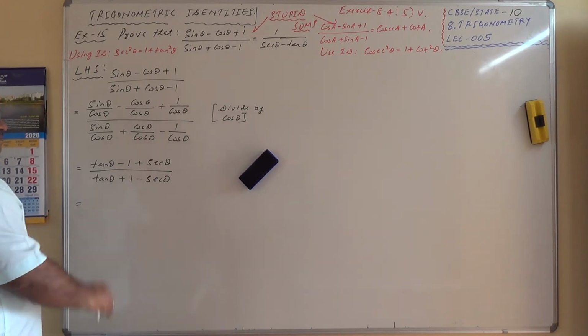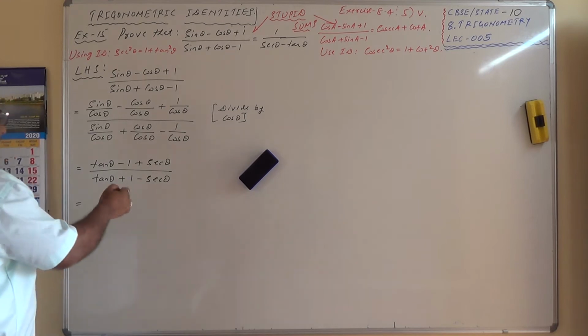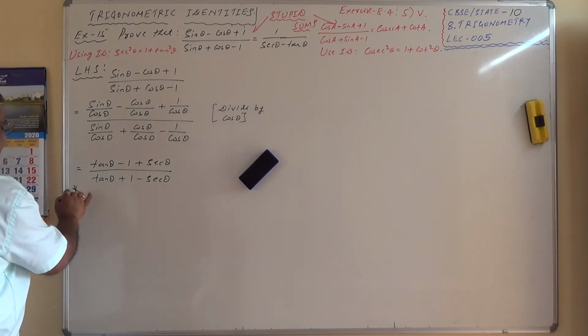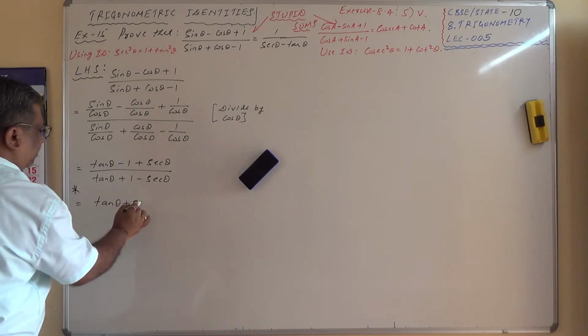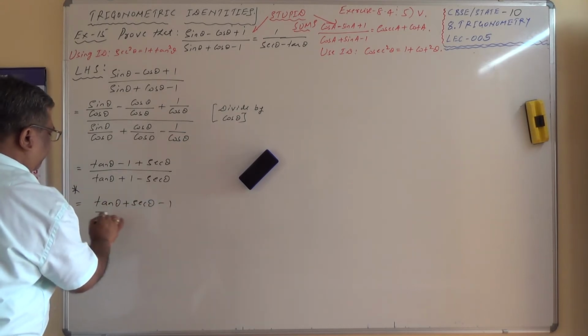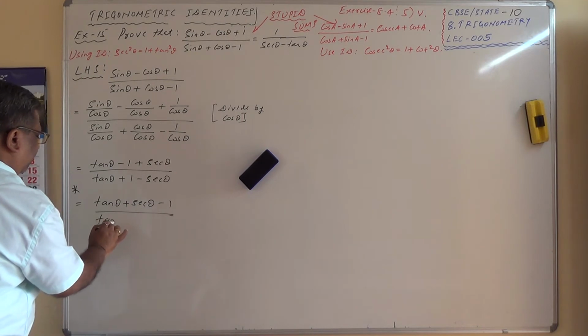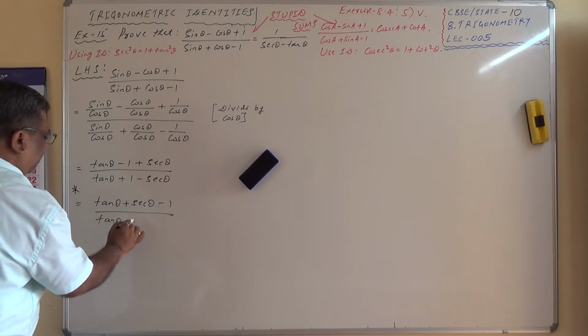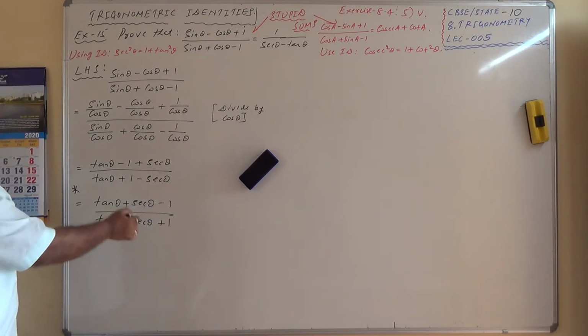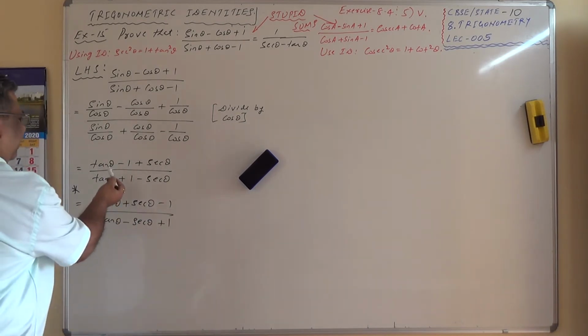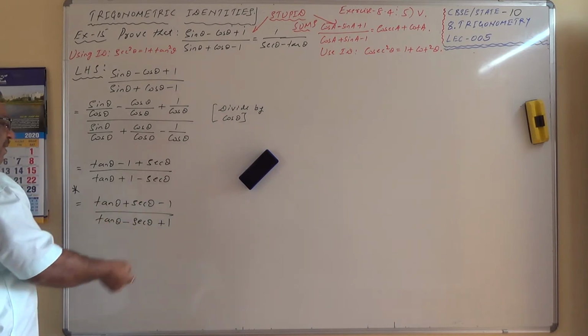From this step onwards, the next step is a very critical step. Rearranging: tan theta plus sec theta minus 1 divided by tan theta minus sec theta plus 1. Slightly rearrange it; tan theta and sec theta, bring together and keep it.